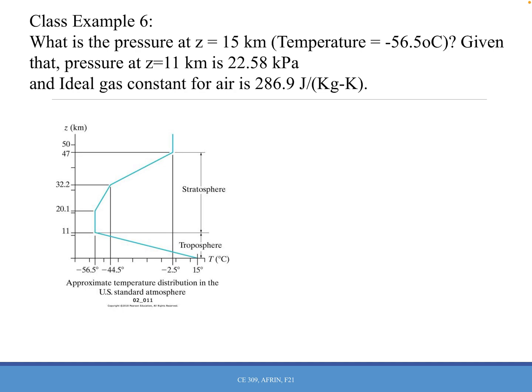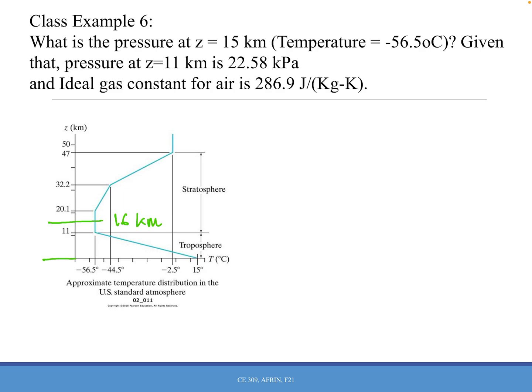Okay, so we have to find the pressure at somewhere here, which is 15 kilometers from here. The temperature at that point is negative 56.5. We know the temperature, which is good.